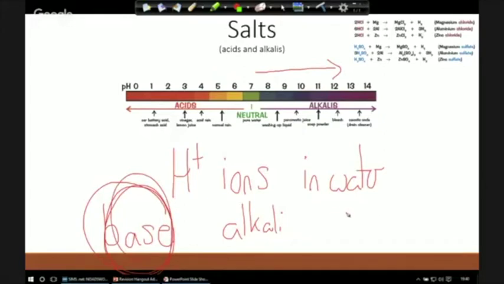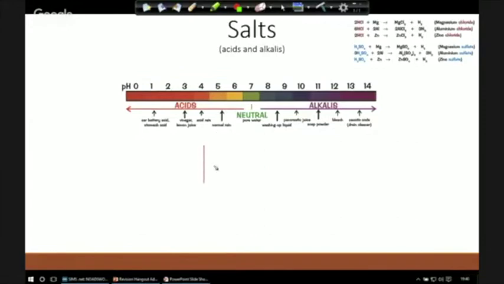And when it does so, it releases hydroxide ions. So two parts here, an acid, hydrogen ions, an alkali, which is a base that dissolves, hydroxide ions.